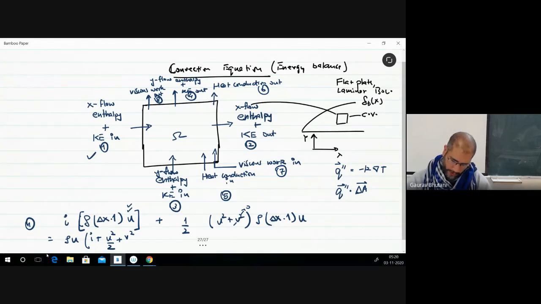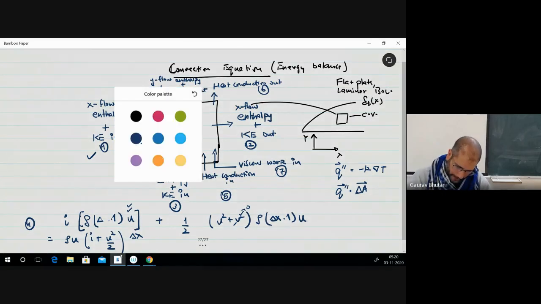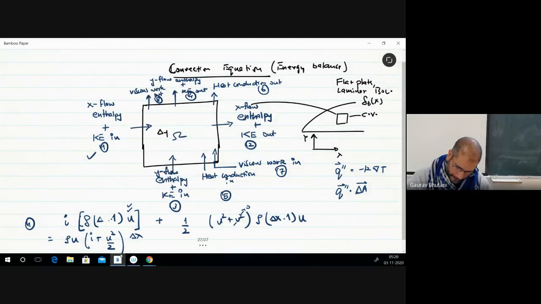So in this case, we don't need to write the v as well. And I keep the delta x on the right hand side. Sorry, this should have been delta y, because this was delta y.